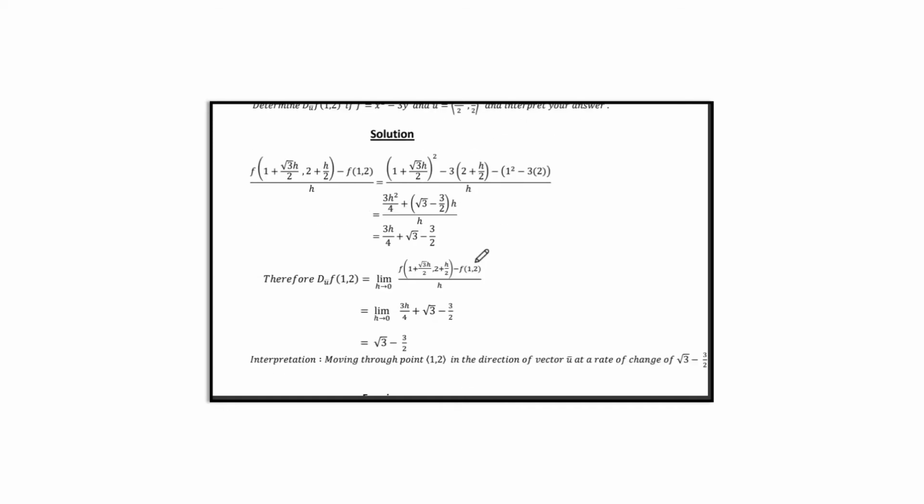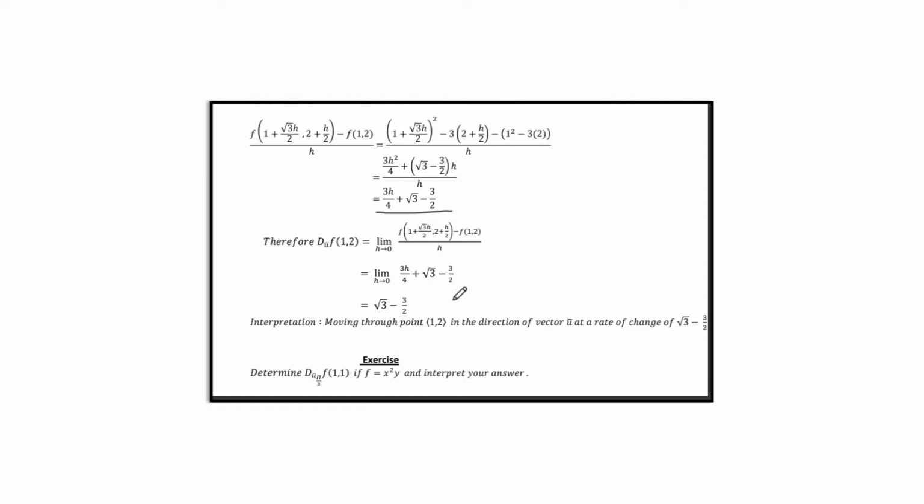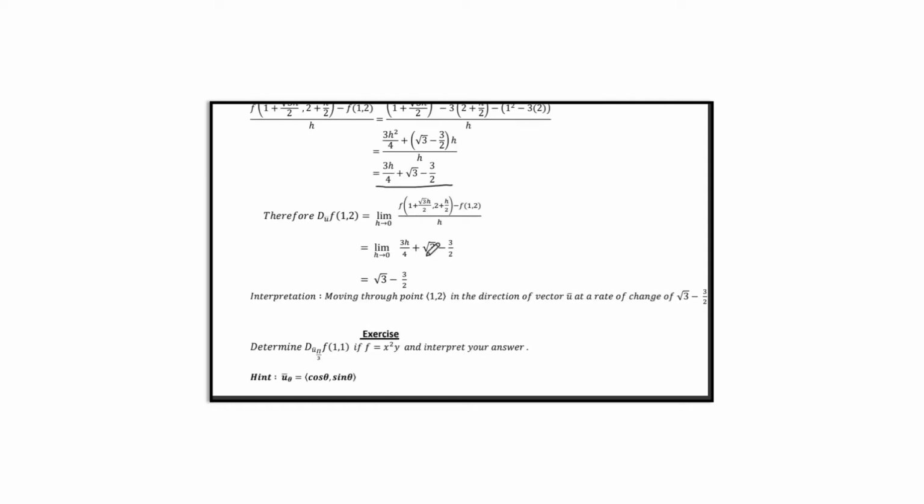So what is left now is to find the limit of this. Therefore the directional derivative of f at (1, 2) is given by taking the limit as h approaches 0 of this whole thing, which is equal to this. Taking the limit as h approaches 0, you just put in 0 there, so this falls away, and you're left with the square root of 3 minus 3 over 2.